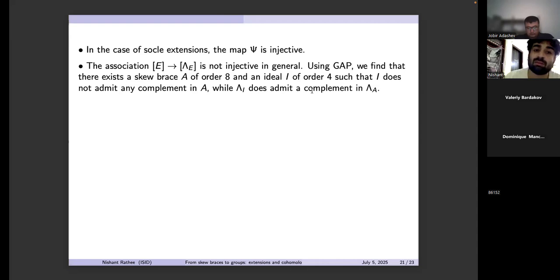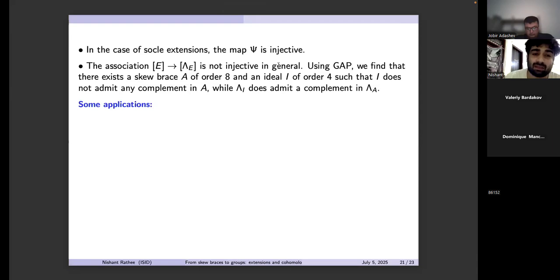When you have a complement, this means that the extension splits. So if at the level of skew braces it doesn't admit a complement, the skew brace extension doesn't split, but the extension of lambda groups splits. So this association is not injective in general, but in the case of Sokal extension, this map is injective.